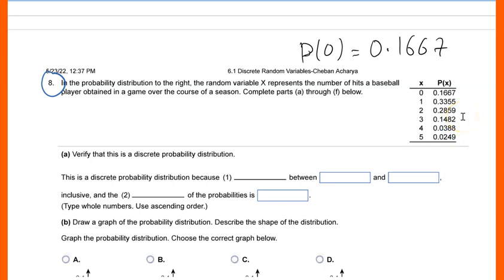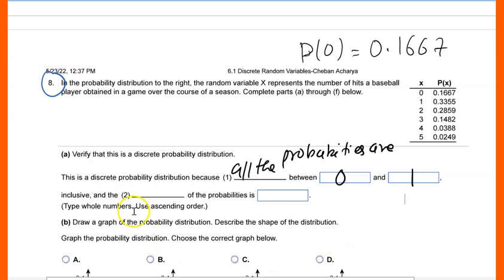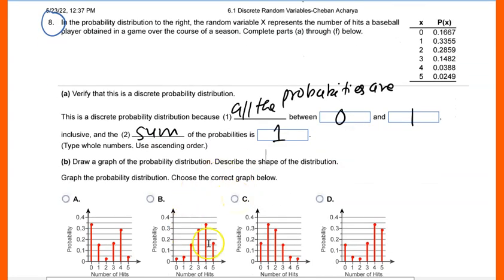And you answer the question this way: this is a discrete probability distribution because all the probabilities are between 0 and 1 inclusive, and the sum of the probabilities is 1.